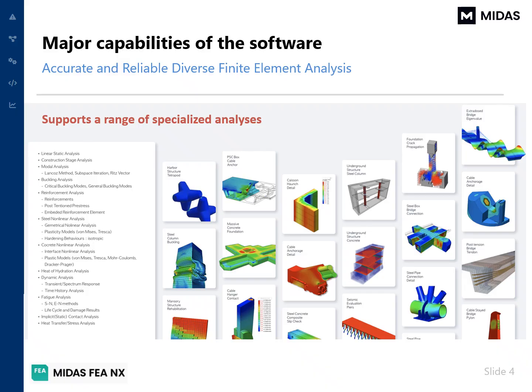We can also add the reinforcement for checking the stiffness of the reinforcement to account for stresses and forces. Nonlinear analysis consists of both steel as well as concrete. Heat of hydration analysis, dynamic analysis, and fatigue analysis. So these are the various applications where MIDAS FEA NX supports a range of specialized analysis.